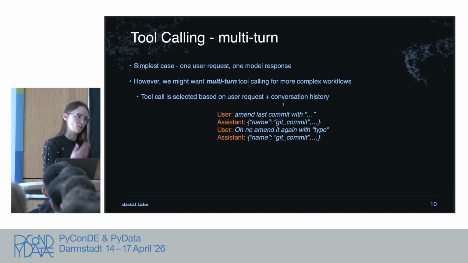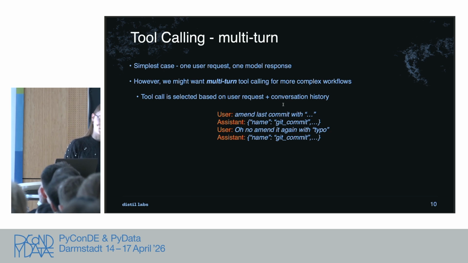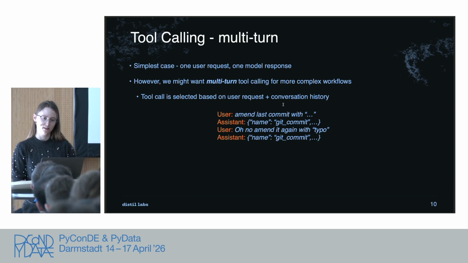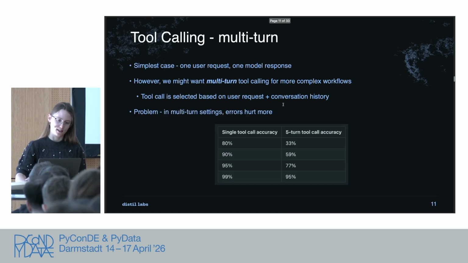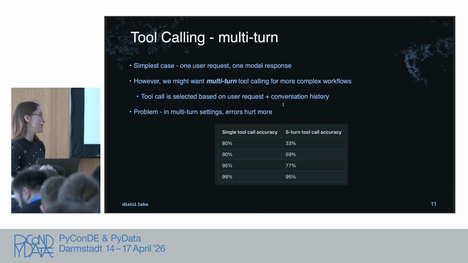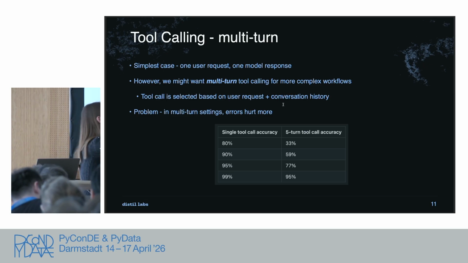So if you're working on a problem that's a sequence of tasks that go one after each other, if you also include everything, the performance may be better. But the disadvantage is that the errors hurt a bit more. So if you have a single tool call accuracy that's like 95%, then that's quite good because only 5 times out of 100 you are incorrect.